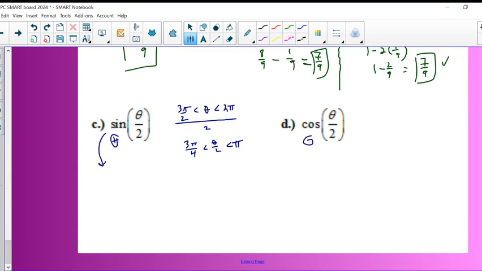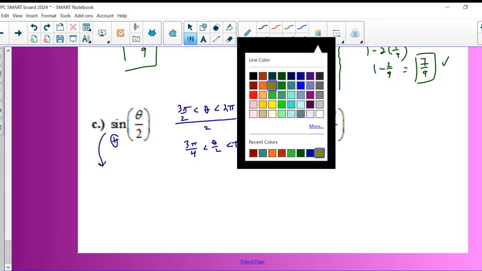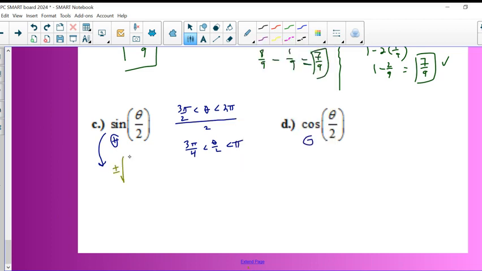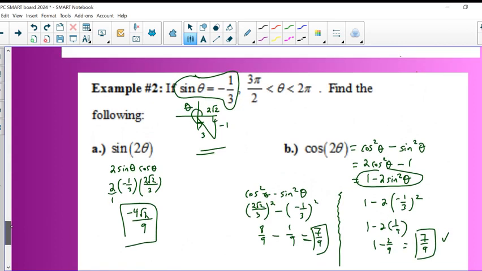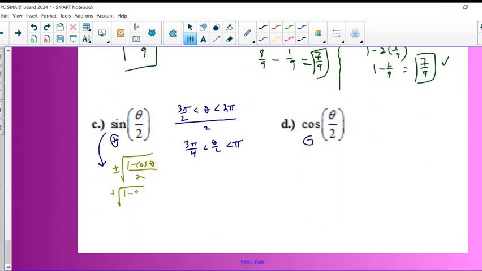So for sine of theta over 2, remember initially it's plus or minus the square root of 1 minus cosine of theta over 2. And be careful, be neat with your square roots. Make sure it's over the whole expression. Since we know that sine is positive in quadrant 2, I know it's the positive version. And it's 1 minus, what did we say cosine was? 2 root 2 over 3. And then make that really big, divided by 2.